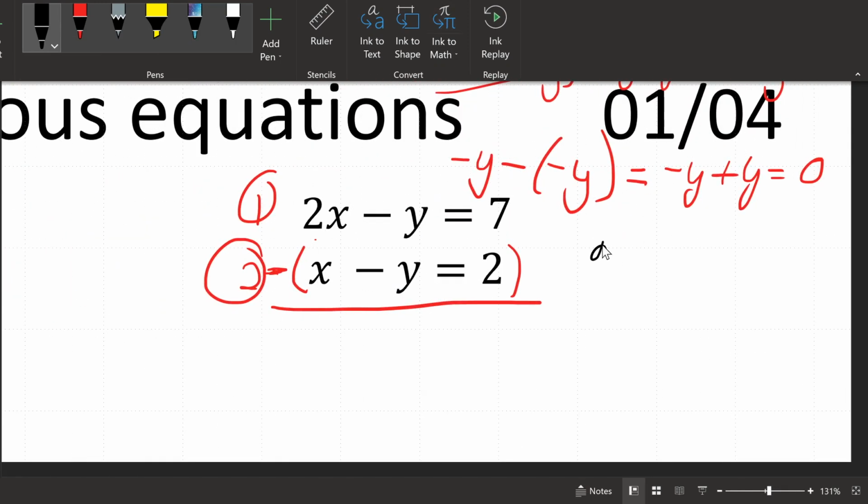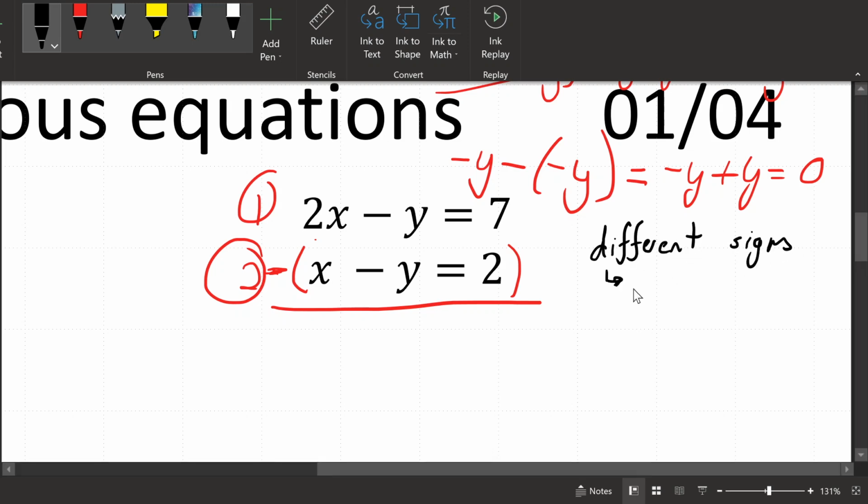So different signs, then you add the two, my mistake. So different signs, add, same signs, subtract. I'd even recommend jot that down, circle it 100 times to make sure that you remember this for simultaneous equations.